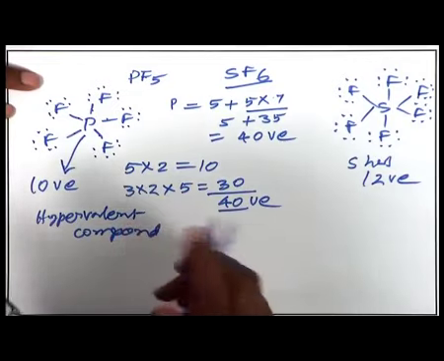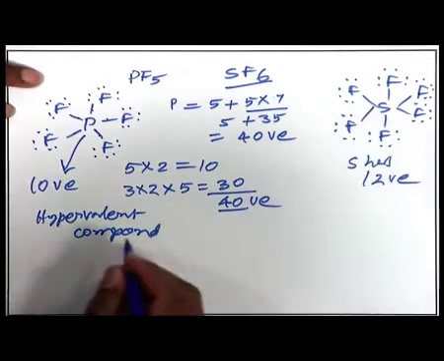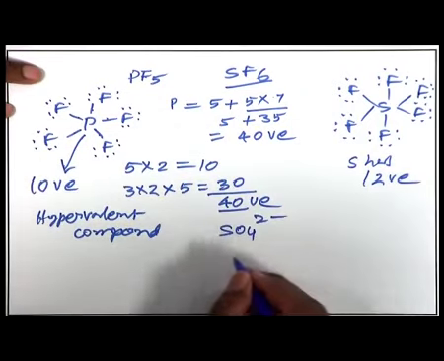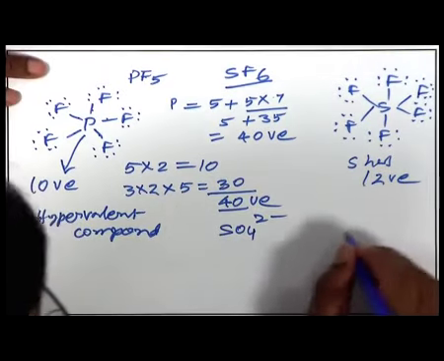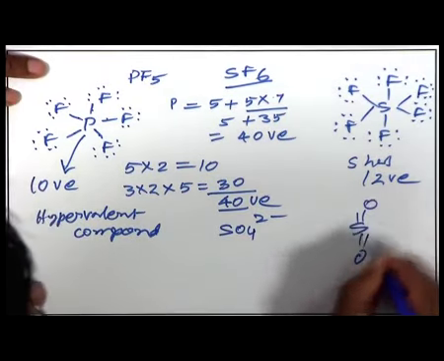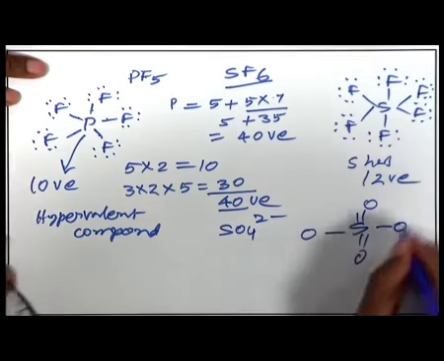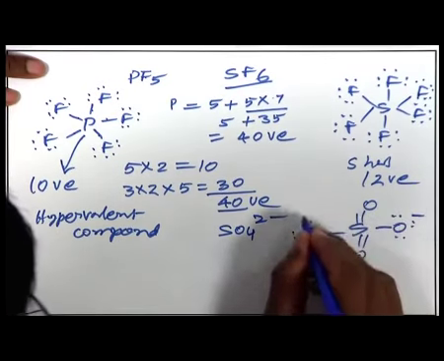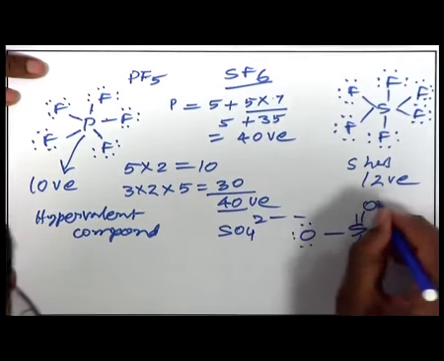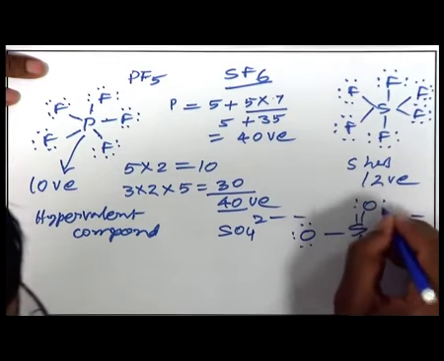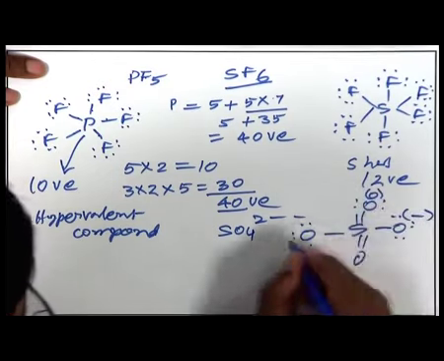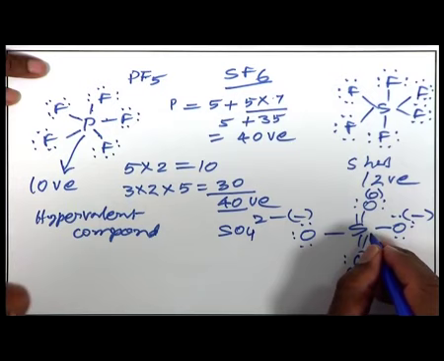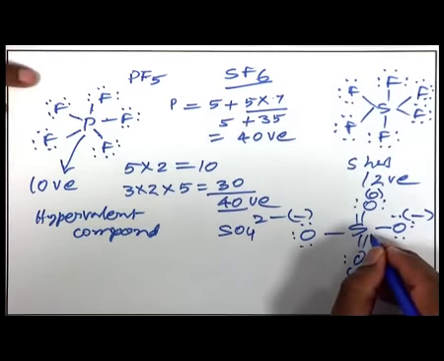So these compounds are called hypervalent compounds, and they should not be confused with SO4 2 minus. For this molecule you can write a structure like this. This is minus, this is minus, this is 0; the formal charge on this is 0.